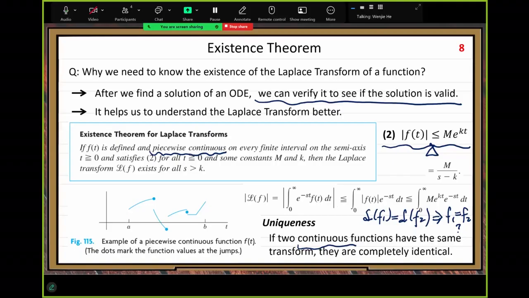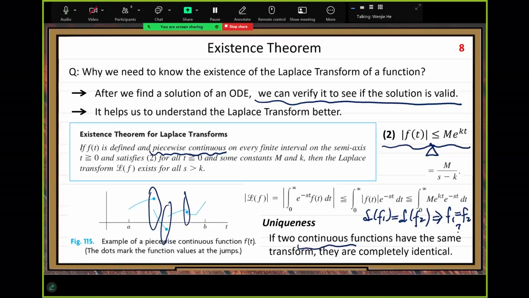Those scattered points are not very important. If you look at the integral, the values at those finitely many points do not change the integral.